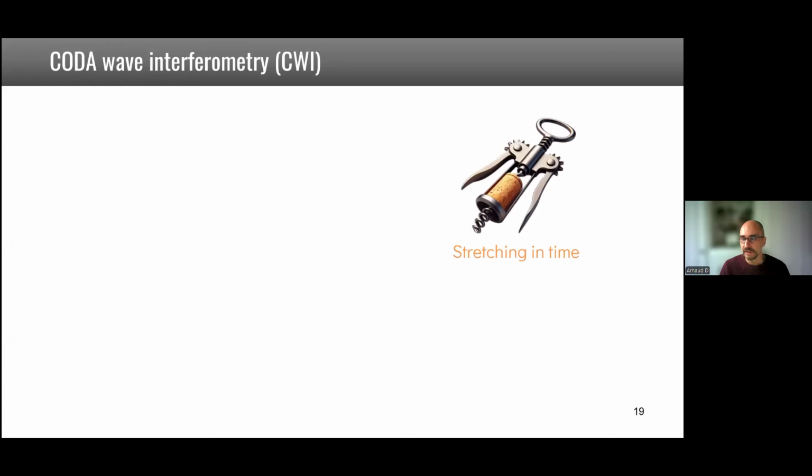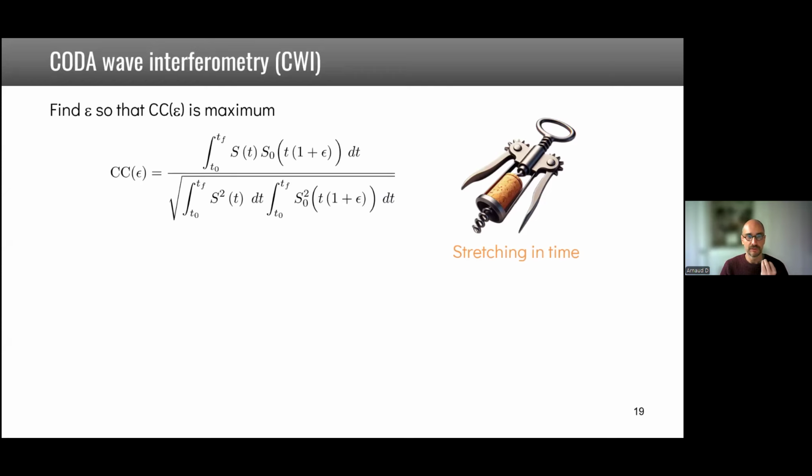Okay, so stretching in time is our core driver that we would like to use, but remember, the hypothesis is that we have this uniform velocity change. So how do we find this velocity? How do we do this time stretching in practice? We use the correlation coefficient, which I already introduced before, which is basically 1 if the waves are the same.